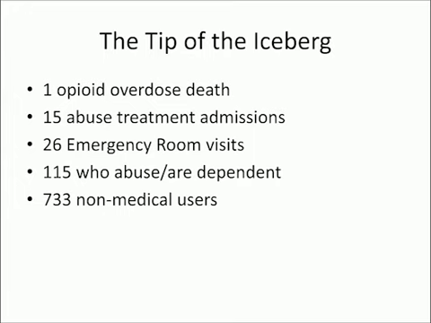For every opioid-related death, there are 15 abuse treatment admissions, 26 emergency room visits, 115 individuals who are abusers or who are dependent, and a staggering 733 persons who are using opioids for non-medical purposes, not to mention the number of emergency calls, ambulance rides, and Narcan administrations that are associated with opioid overdoses.